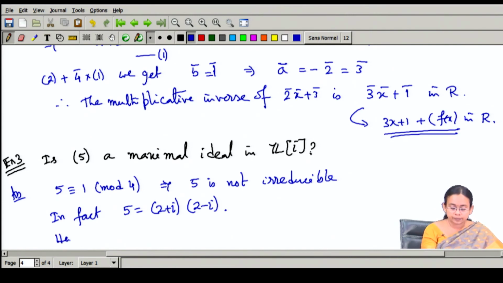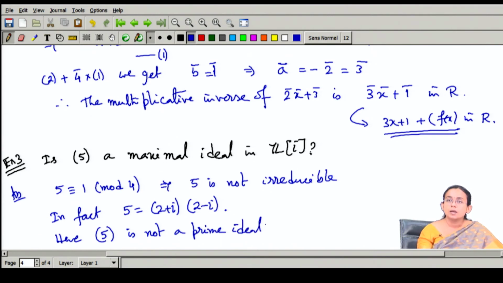Hence, the ideal generated by 5 is not a prime ideal, because Z[i] is a PID, and in a PID every irreducible element is a prime element.